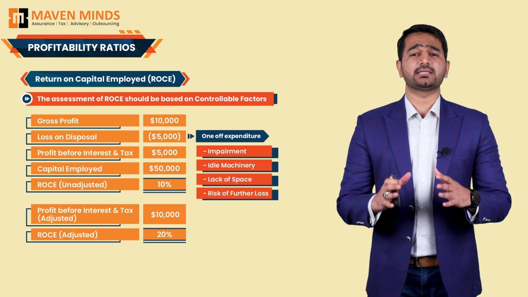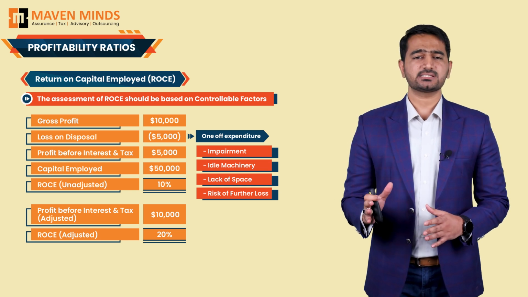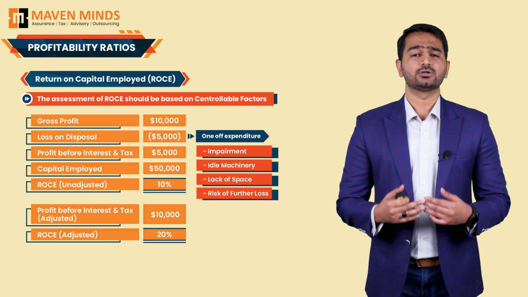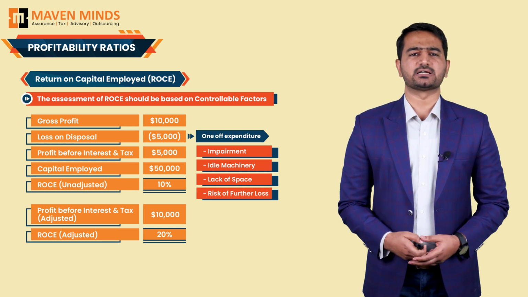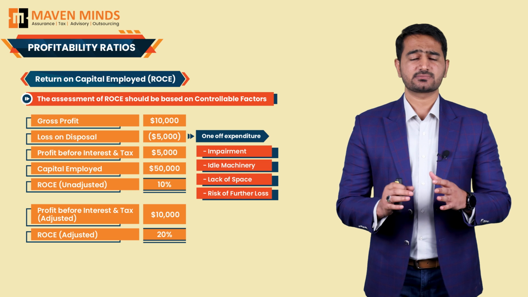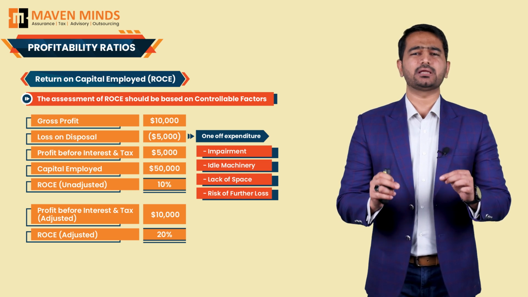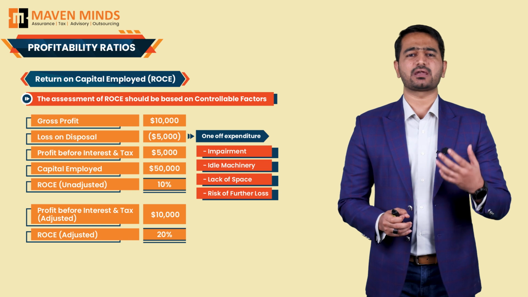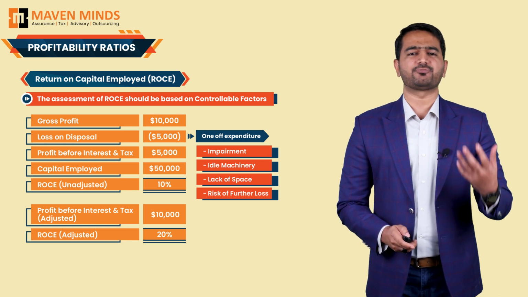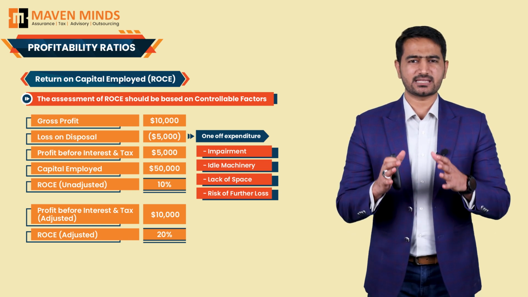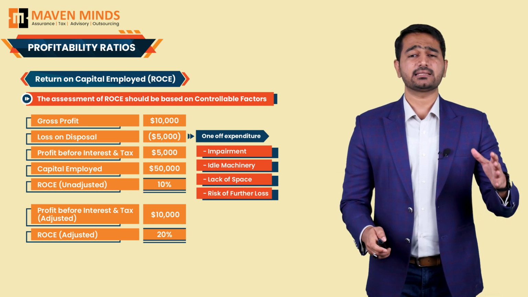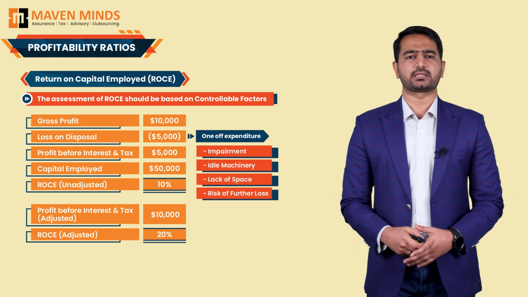This kind of insight is crucial in exams and in real-world analysis, highlighting the need to look beyond the surface figures. In a sense, while return on capital employed is straightforward, it provides a valuable strategic overview of the company's profitability. Its strategic application requires deep understanding and careful consideration of the context.